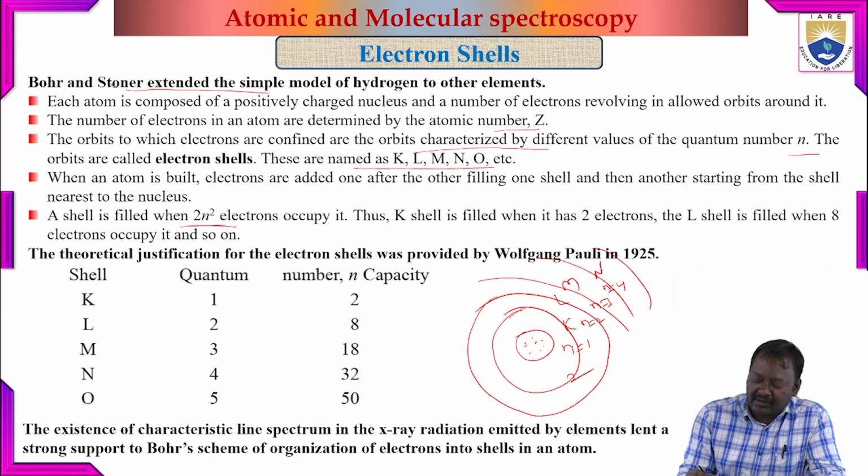That means for n equal to 1, the number of electrons that can be filled in the K shell is 2 only.